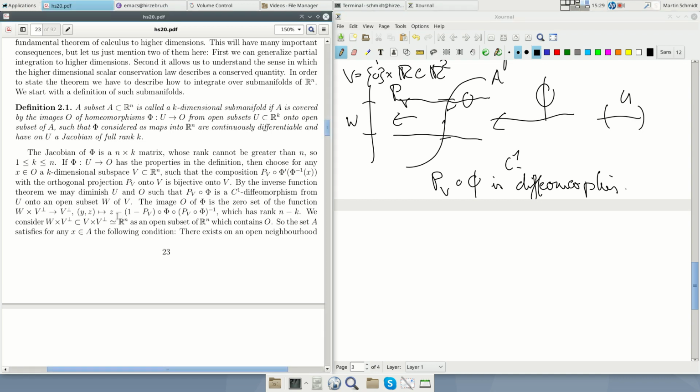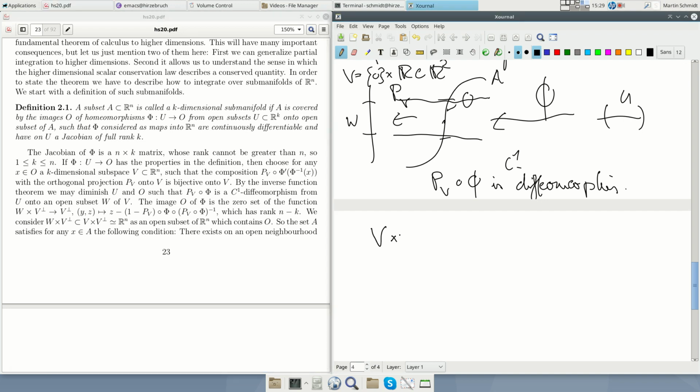And how do we define this? We identify the Cartesian product V cross V prime as linear isomorphic to Rn.